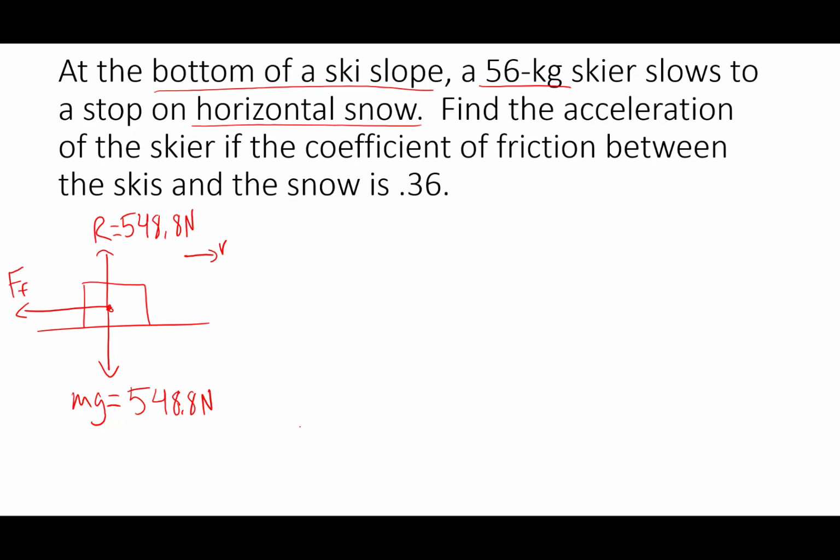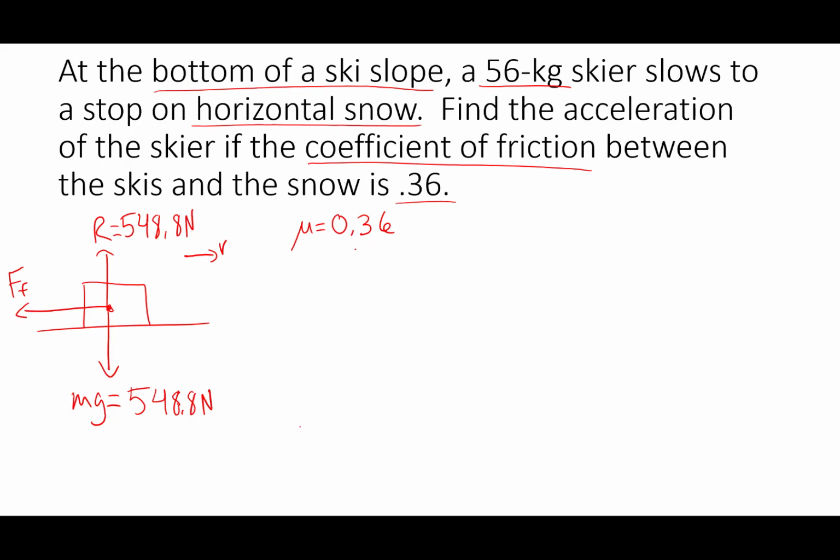And we aren't given what the frictional force is. But we're given that the coefficient of friction is 0.36. So mu equals 0.36. And we want to find the acceleration of the skier.